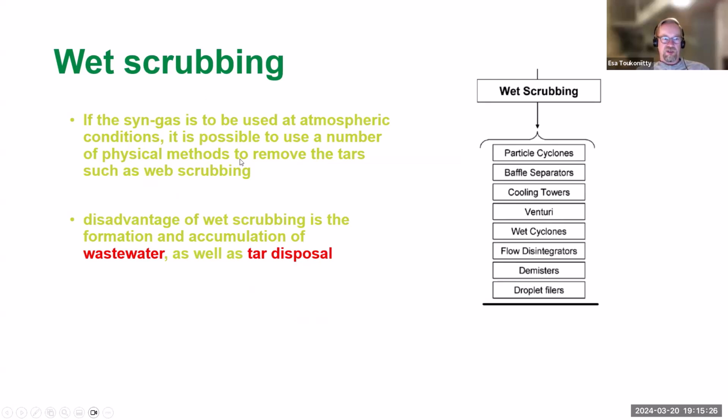Wet scrubbing, like previously mentioned, uses mostly physical methods to remove these unwanted impurities. Wet refers to liquid, so the problem here is accumulation of wastewater, as well as you have to get rid of the unwanted material.